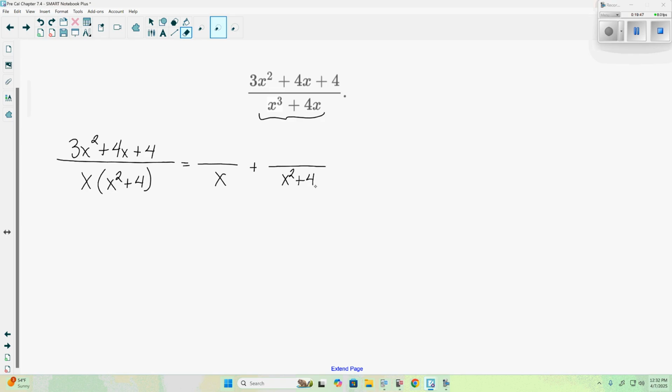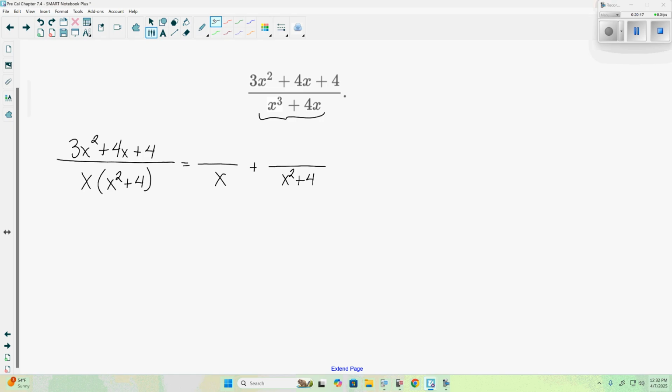Now our other factor was x squared plus 4. And since it's to the first, we just have x squared plus 4. If it had been, say, squared, we'd have x squared plus 4 to the first, plus, and then the next fraction's denominator would be x squared plus 4 squared, cubed, and going up. Okay. Questions on how we set these two fractions' denominators up? We good with that there.